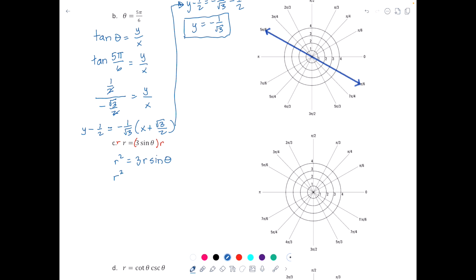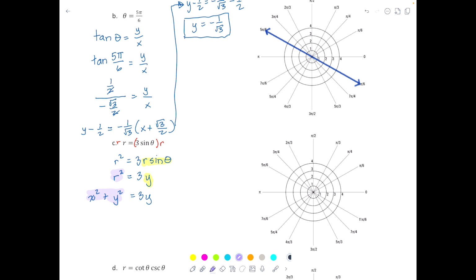So this would be r squared equals 3 times y, utilizing the fact that r sine theta is y. Now, what is r squared? R squared is x squared plus y squared, which is equal to 3y.